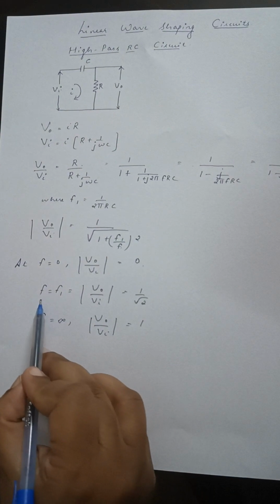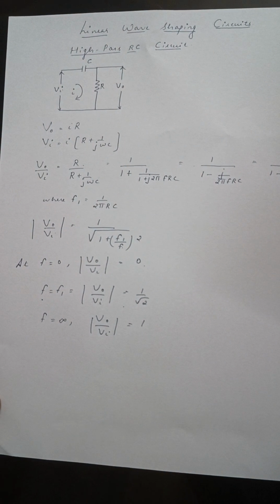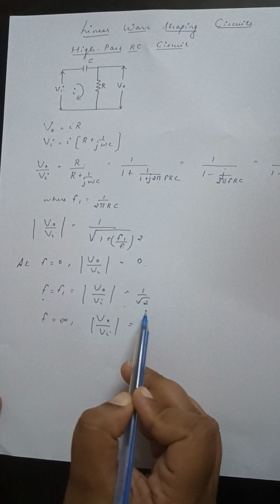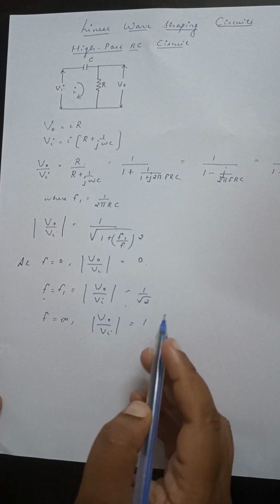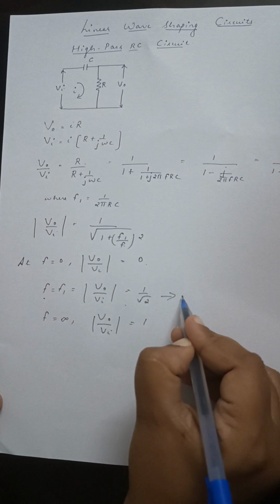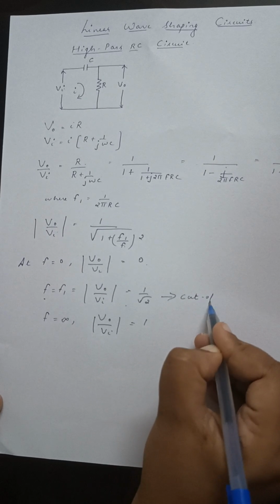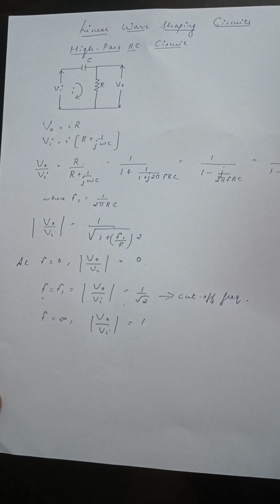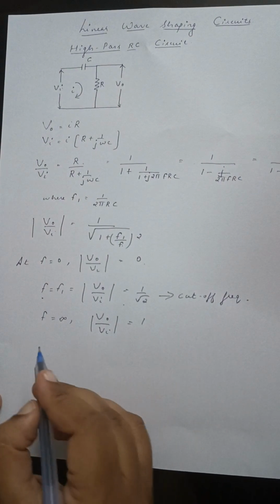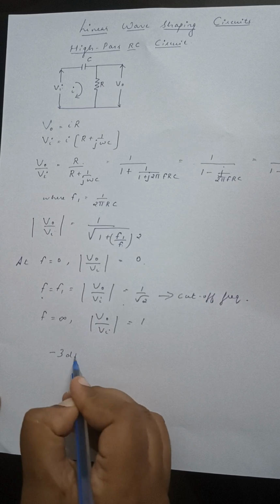At f is equal to f1, the magnitude of output is 1 by root 2 times the magnitude of input, and this frequency is known as the cutoff frequency. In logarithmic scale, this frequency corresponds to minus 3 dB.